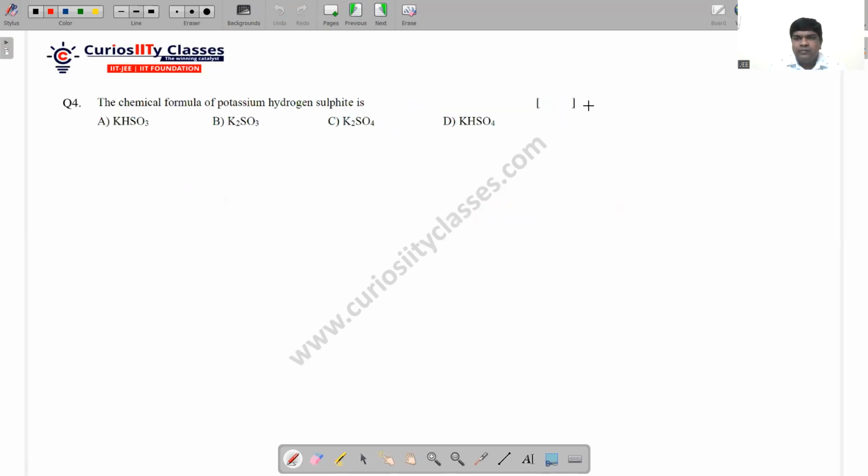Question number 4. The chemical formula of potassium hydrogen sulfate is option A KHSO3. KHSO3 is called potassium hydrogen sulfite.